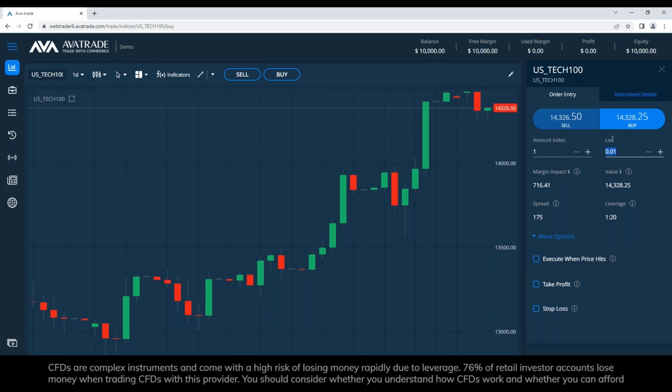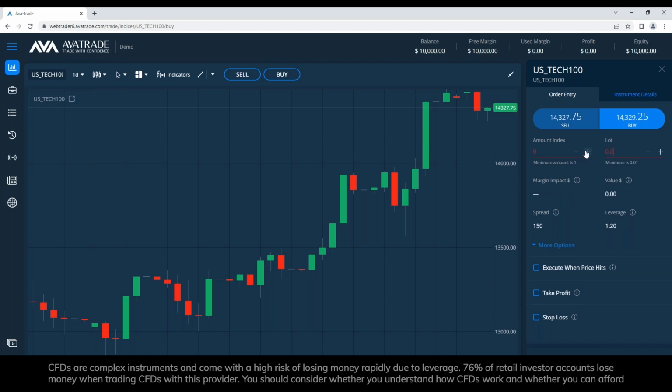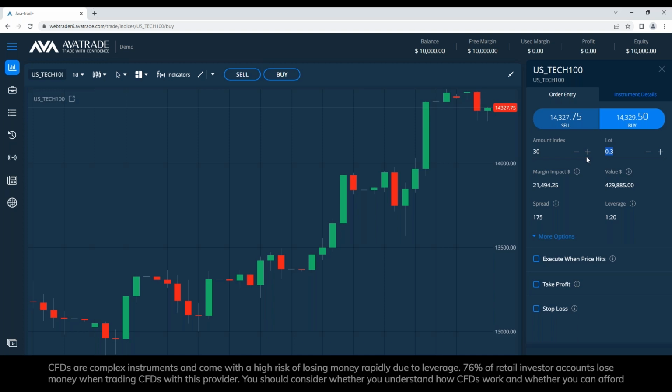Lot is a measuring unit, and that means that one lot equals 100, half a lot equals 50, 10% of a lot equals 10, and 1% equals 1. Okay, this way obviously 30% is 30 and 70% is 70.